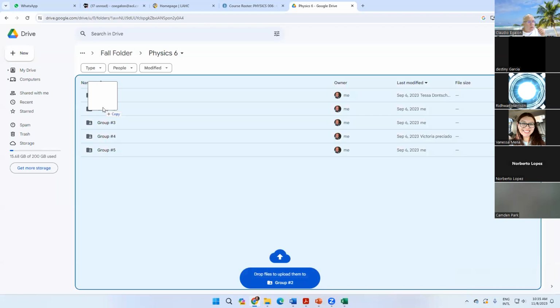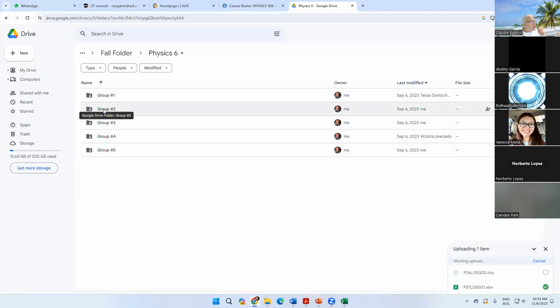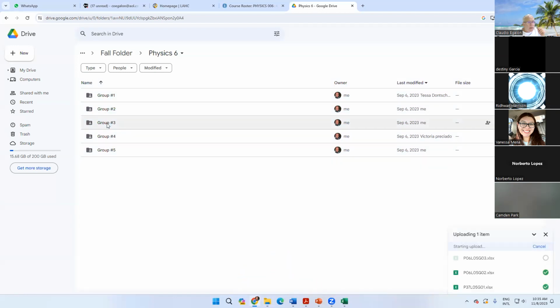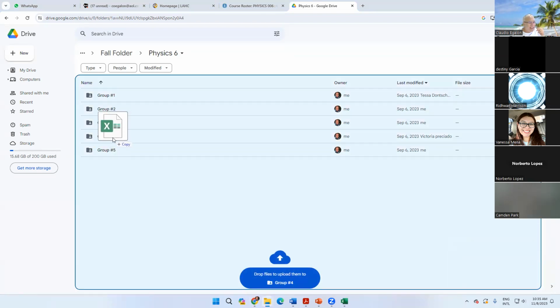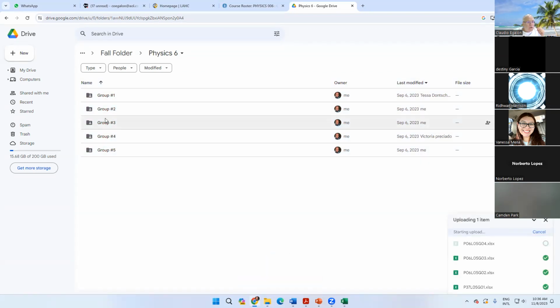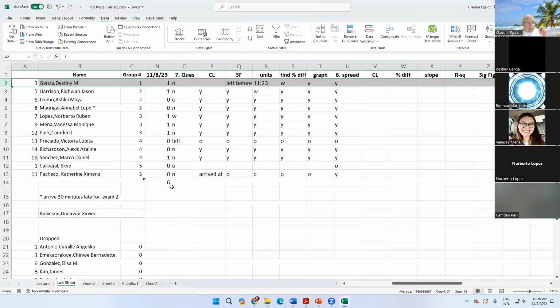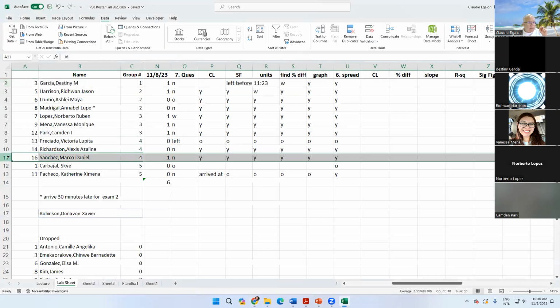Group number 2, so you have your spreadsheet. Group number 3, you have your spreadsheet. Okay, thank you. Sorry. Okay, so group number 2, 3, and 4 have the spreadsheet. Now, wait a minute, 4 as well? 4 doesn't need it, right? Yeah, 4 doesn't need it.